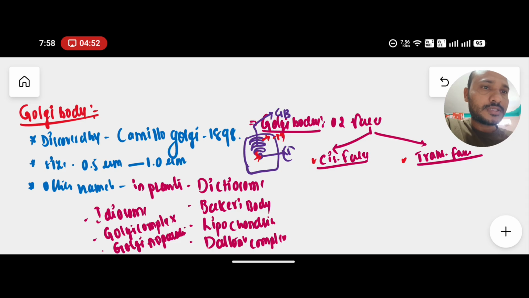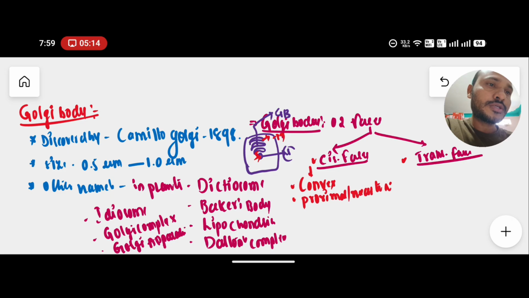Generally, this cis face is convex in shape, very important, and it is proximal, meaning near to the nucleus. It is the forming face, meaning it is the first to develop among the cisternae.